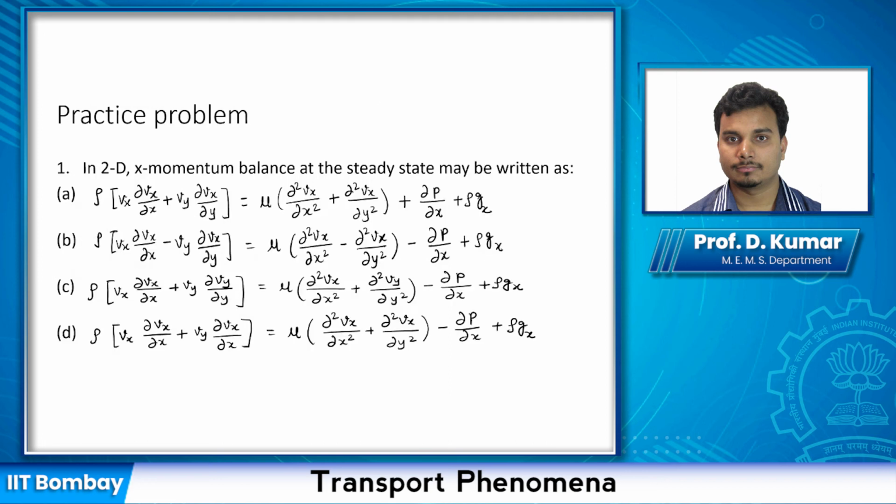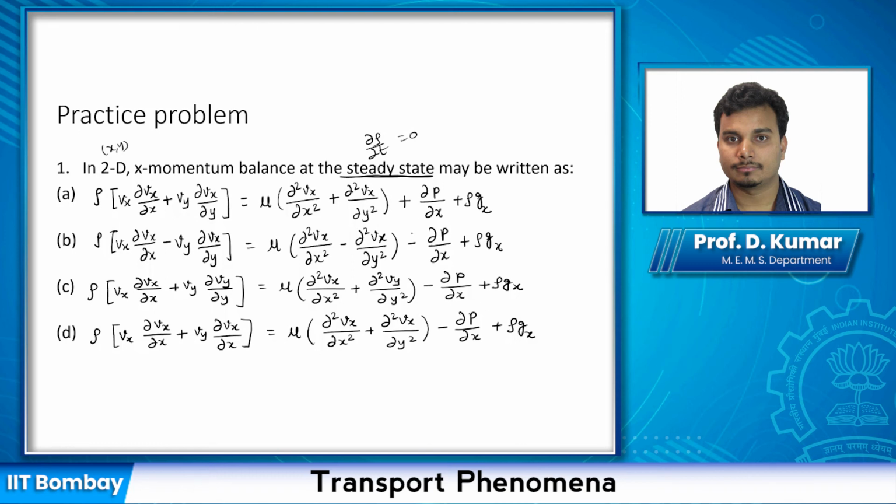So with that, there's a simple practice problem, kind of revisiting what we already saw. So in 2D, that means in the XY system, X momentum balance at the steady state we are talking about. So at steady state, you can say dou rho by dou t is 0. It may be written as, so how can you write it? You will see that it looks similar and signs are here and there.